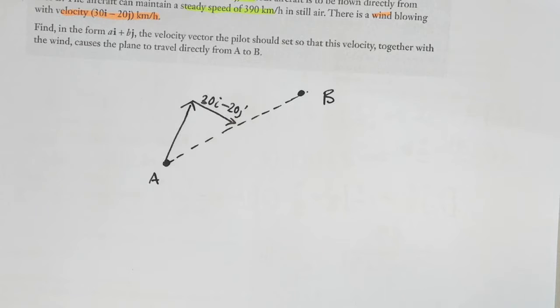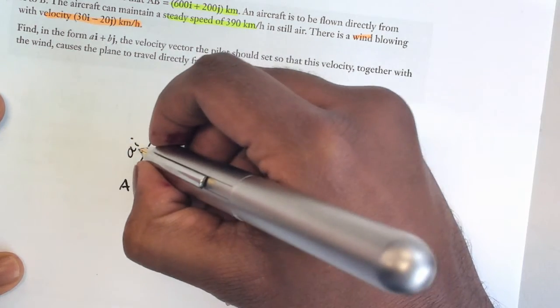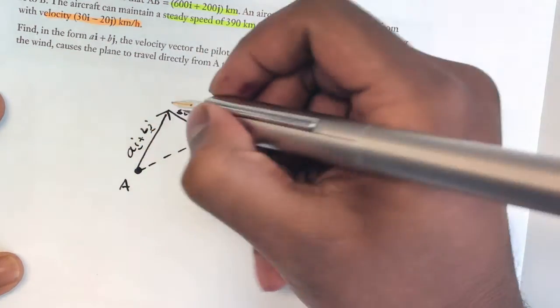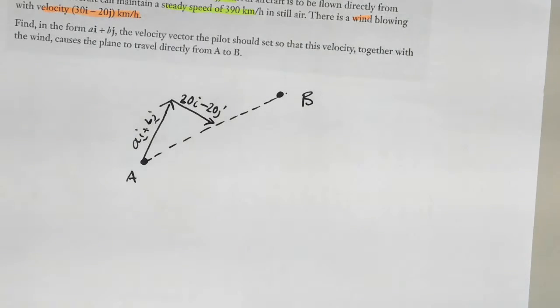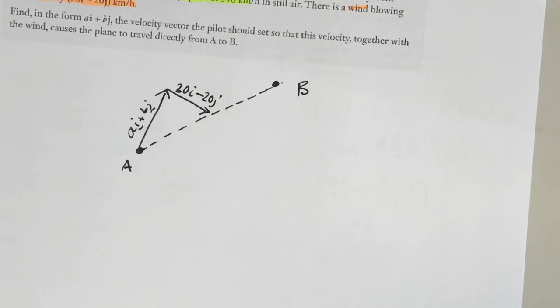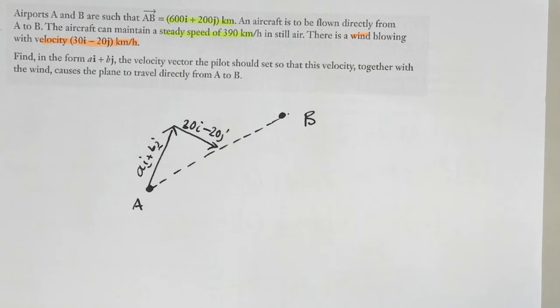Now the question says, find in the form ai plus bj. So we're going to write this in there, ai plus bj. So this is what we're trying to find. We're trying to find the velocity vector that the pilot should set so that when he takes it off this path, the wind goes and he goes back to AB.